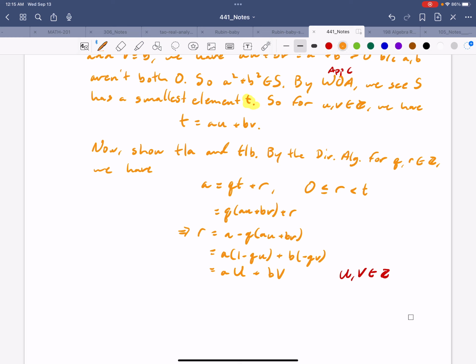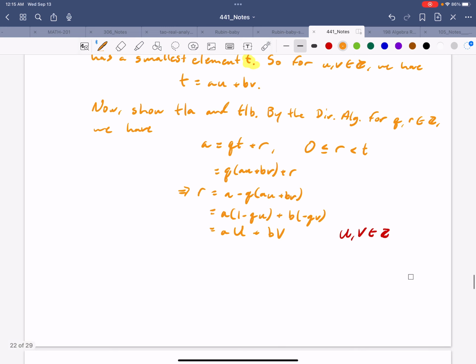So that would mean that r would be in S. Except that's not possible because r is less than t. We cannot have r in S. Well, then the only way that could be the case is if r isn't positive, which means that r has to equal 0.